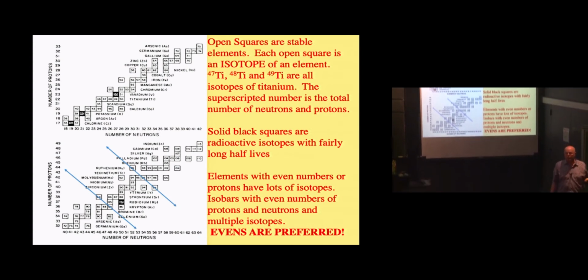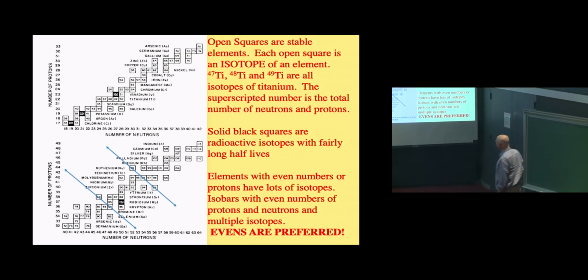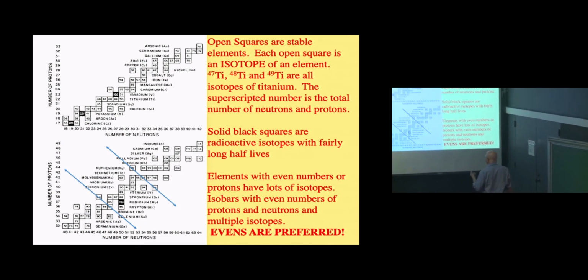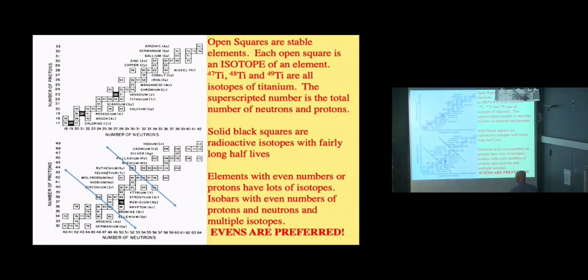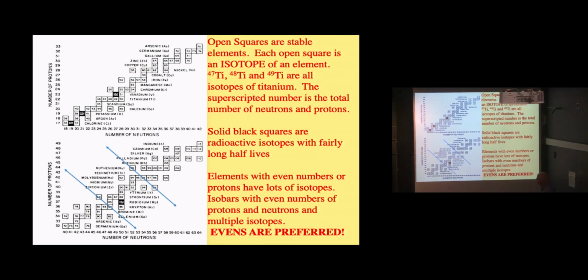It's the evens. The elements with even numbers of protons are much more abundant. And if you have even numbers of protons and even numbers of neutrons, you're particularly abundant. And so you'll see here you're even, 5 isotopes, odd, 1. Even, 7 isotopes, odd, none. Technetium is radioactive. Even, 7 isotopes, odd, 1.